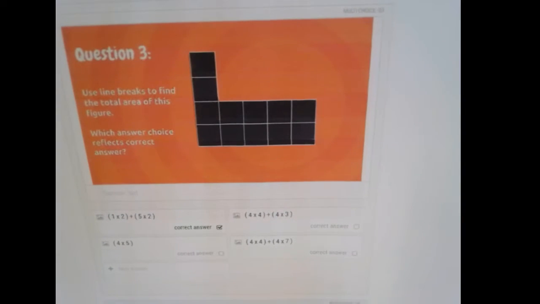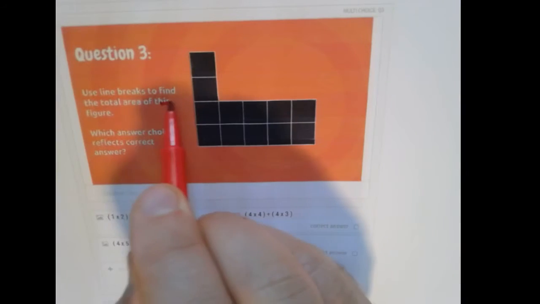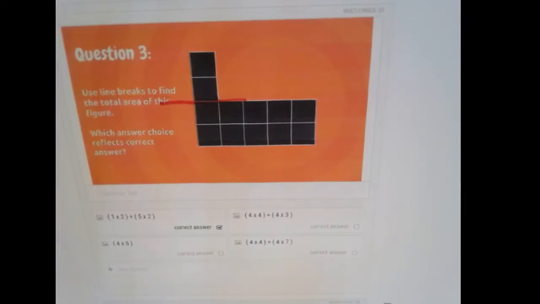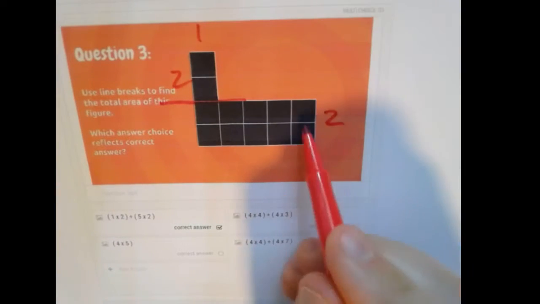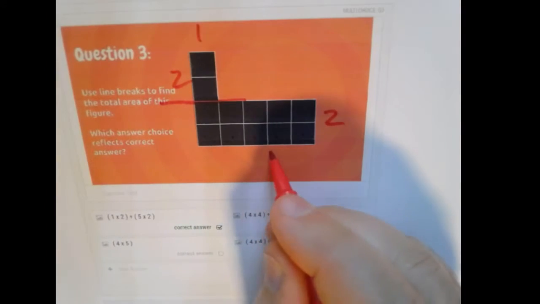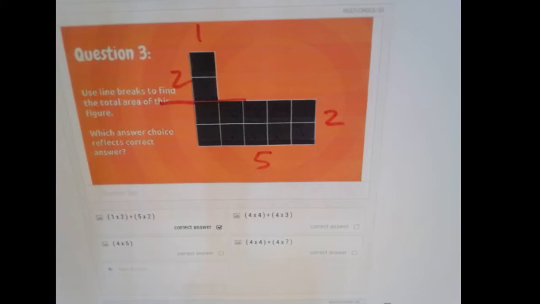These are actually a little bit clearer because it probably makes sense that we're going to break this rectangle into 2 areas of 1 times 2 and 2 times 1, 2, 3, 4, 5. So do we see a 1 times 2 and a 5 times 2 somewhere?